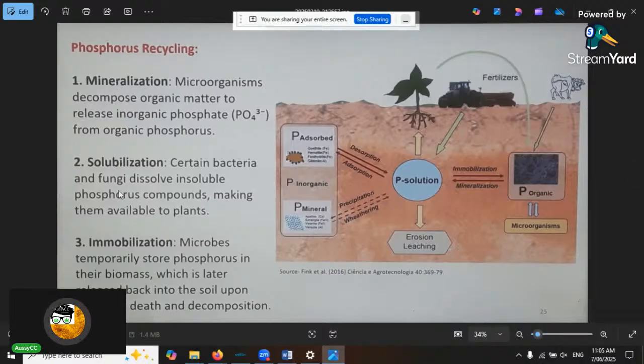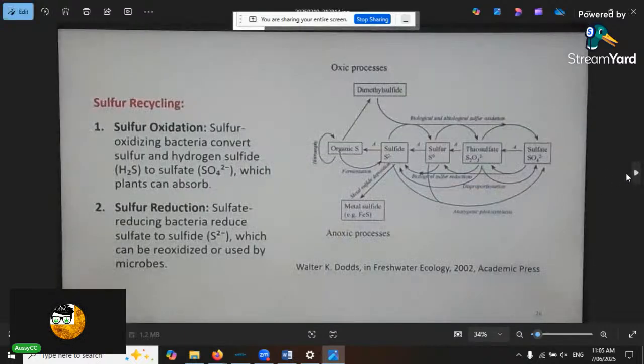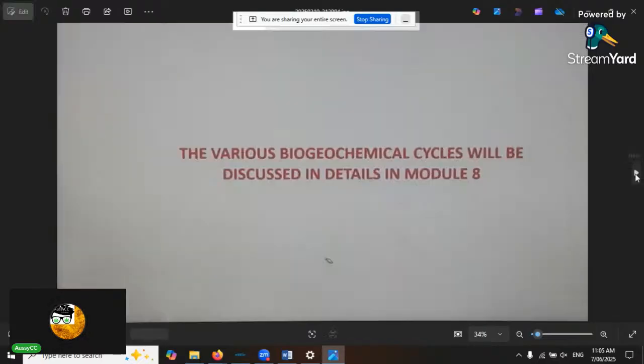It says mineralization, solubilization, and immobilization. Okay, three ways to alternate through the cycles. And then the sulfur. They're all just as important as each other.